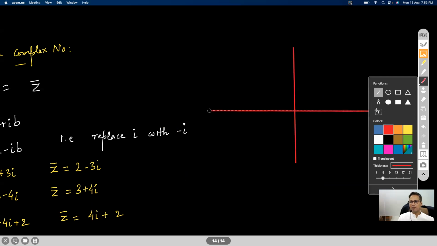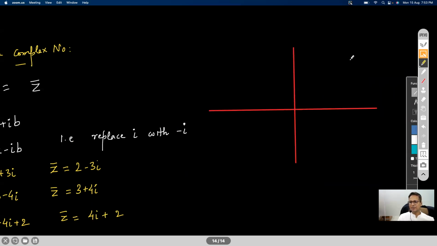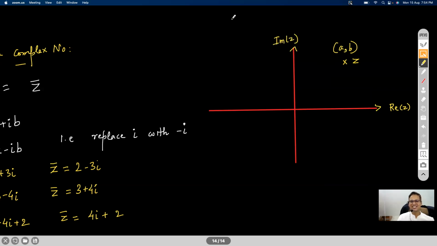Now, how are the conjugate and the complex number located with respect to one another? If this is your complex number Z, where do you think its conjugate should be lying? If this is (a, b), where should (a, minus b) be lying? Any guesses? If you're changing the sign, it's a mirror image about the real axis.